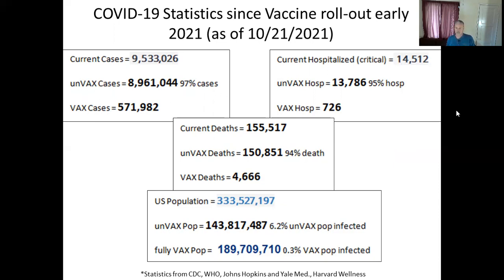We then can look at things like hospitalization. Currently hospitalized 14,512, and you can see 13,700 plus are unvaccinated, 726 vaccinated. So yes, the breakthrough cases exist. This does happen.